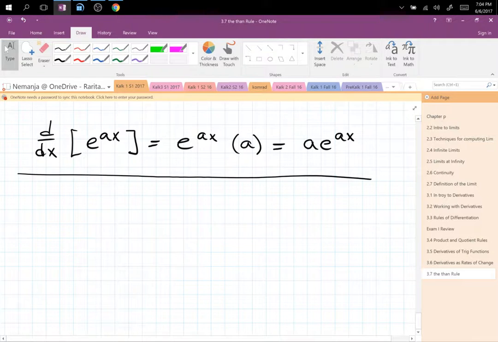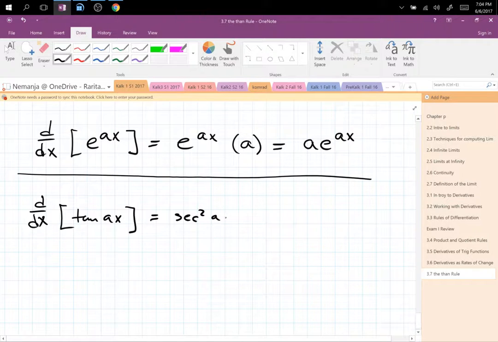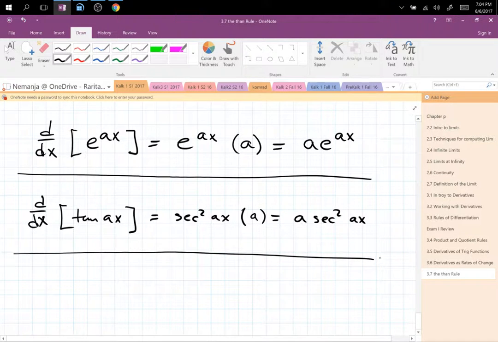I asked you to memorize the same thing for sine, cosine, tangent, and so on. What's the derivative of tangent of ax? What's the derivative of tangent? So secant squared ax times, what's the derivative of ax? Very good. Voila.